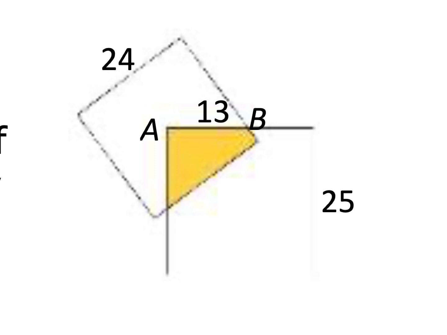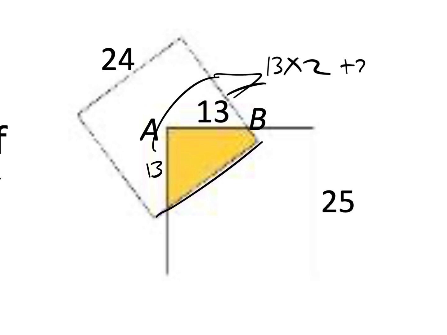So then this is immediately 13, and this length right over here plus this length, well, this length in red is simply this length in green, right? So you can move it down here, so the actual perimeter is just 13 times 2 from these two, and then 24, which is one side length, which is 50.